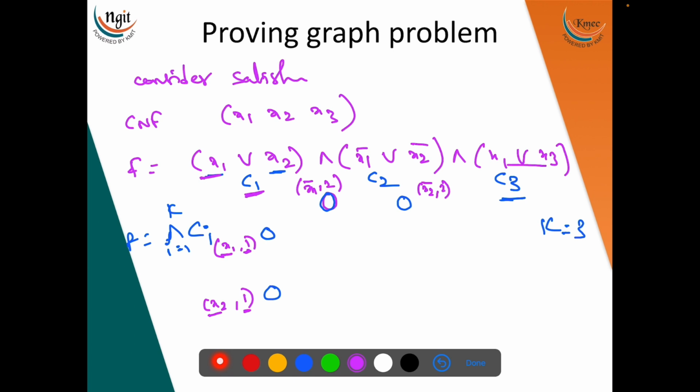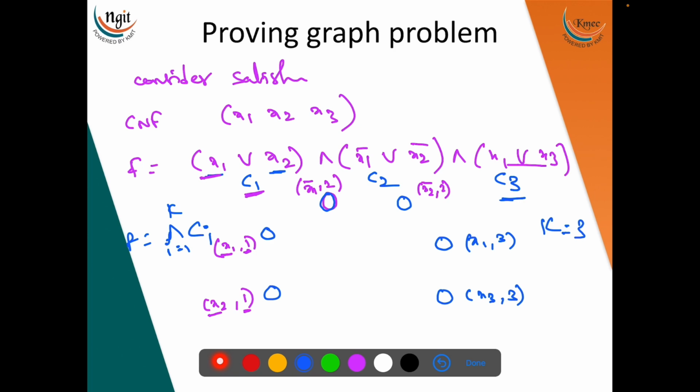And we'll take the same for the rest: this is (x1, 3) and this is (x3, 3). Fine. Now what I am going to do is, can I make an edge between x1 and x1 dash? Yes or no?